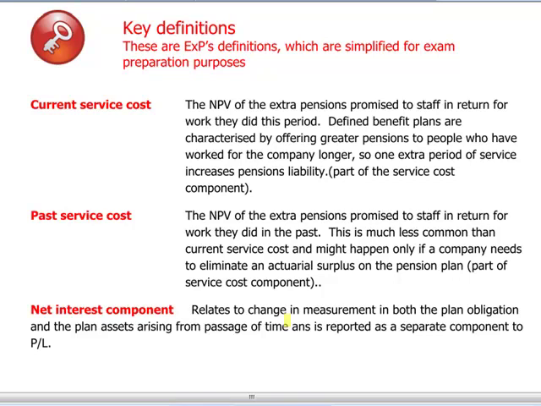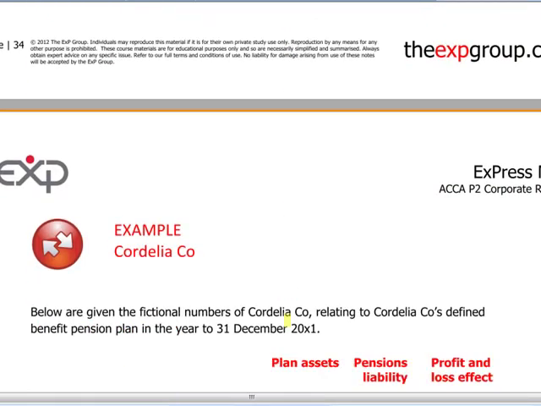Past service cost is the net present value of extra pensions that were promised to staff during the accounting period for the work they did in the past. This is less common in practice, and it's applied when the company wants to eliminate some actuarial surpluses on the pension plan. The net interest component relates to the change in measurement of both the plan obligation and the plan assets, which arises from the passage of time and is reported as a separate component in the profit and loss account.